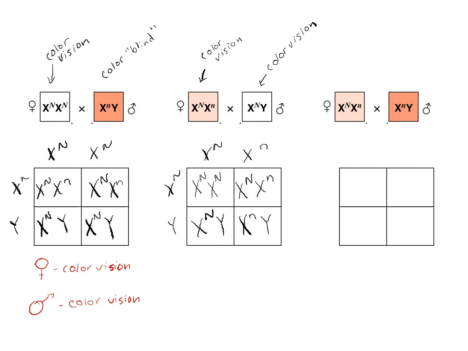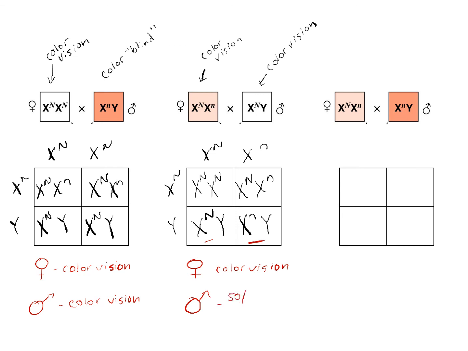Okay, so if we go through our predicted possibilities here, we'd have females, which are all going to have color vision, so that's fine. And then when we look at the males, we have one that has color vision and one that is now color blind.